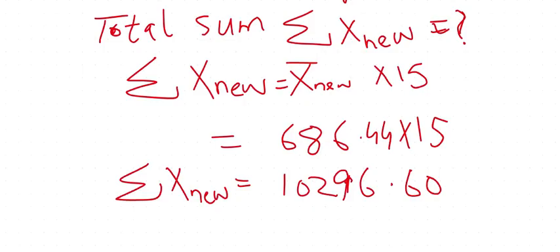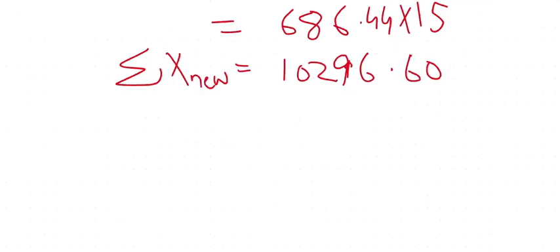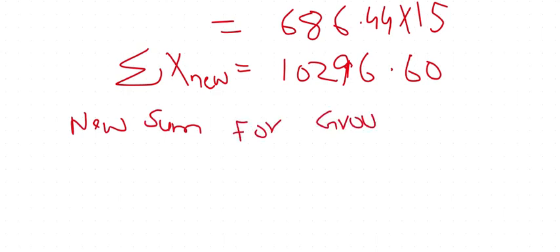So next step, we have to express the new sum in terms of k. So the new sum is the sum of the new premiums from group 1, which is summation x1 new, and group 2, summation x2 new. Now the new sum for group 1 is increased by 18%.